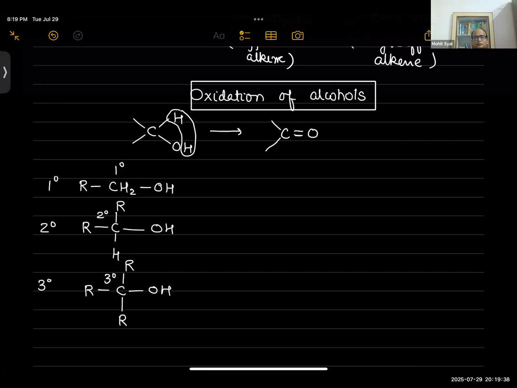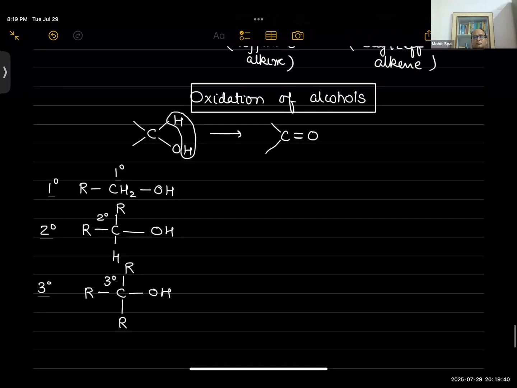Yes, sir. So for a primary alcohol, if you use a mild oxidizing agent, you will end up with an aldehyde.